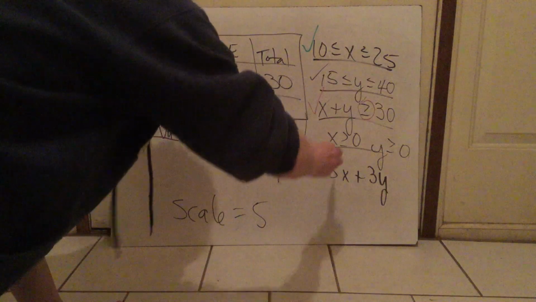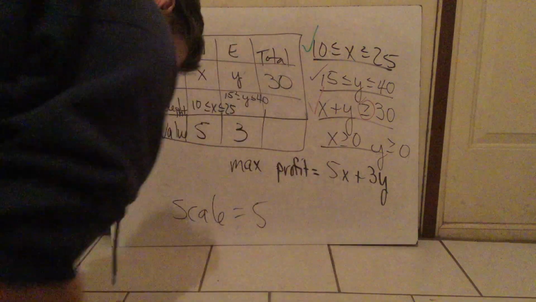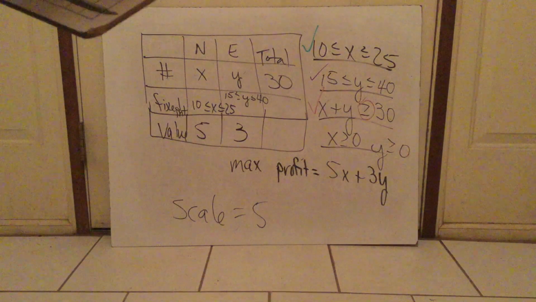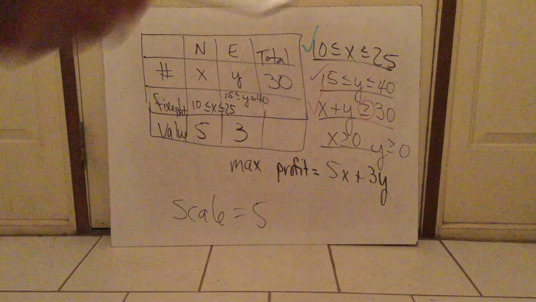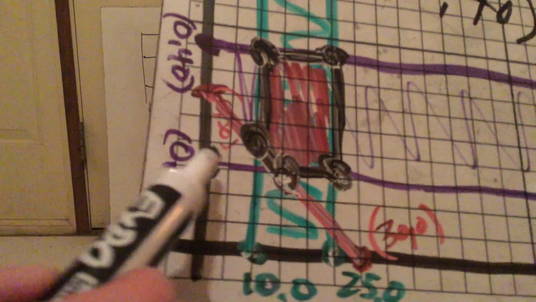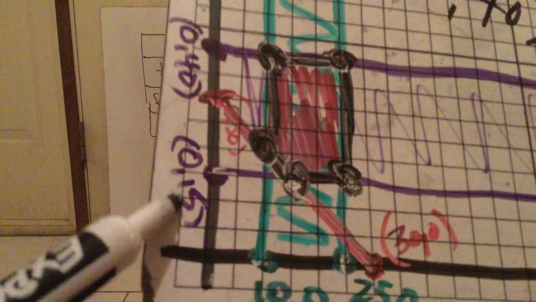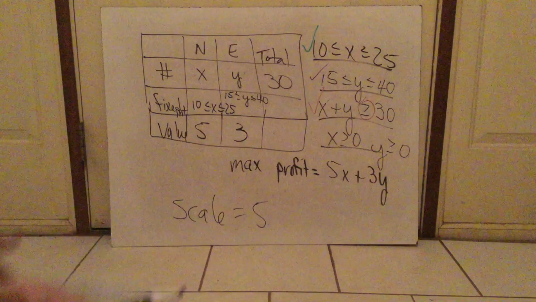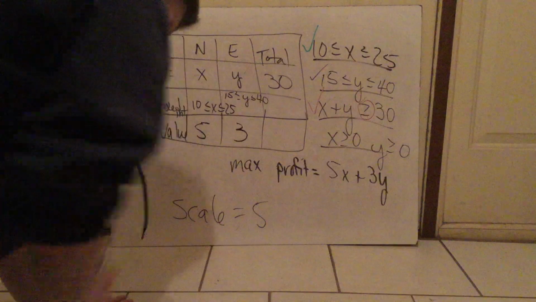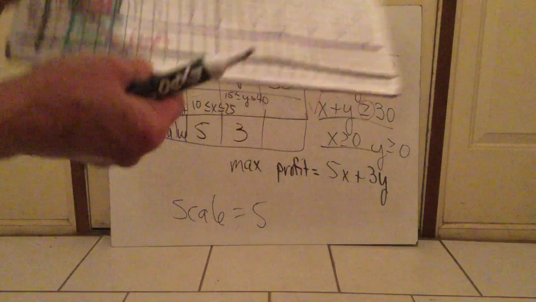On that red line, if y is 15, then x also has to be 15. So we have the point 15, 15. So again, I'm looking at this point right here. It is on this purple line, which means y is 15. It is also on the red line, which means that x and y have to add up to 30. So if y is 15, then x is also 15.